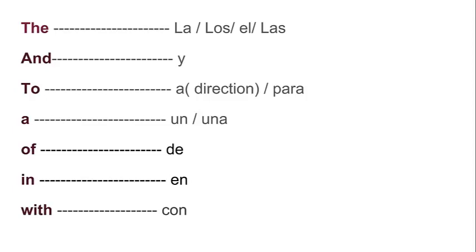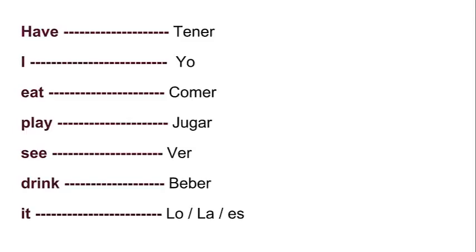The next one, a, in English, it would be in Spanish, un or una. Of, de. In, en. With, con. For example, if you want to say with my mom, you say con mi mamá. Have, tener.